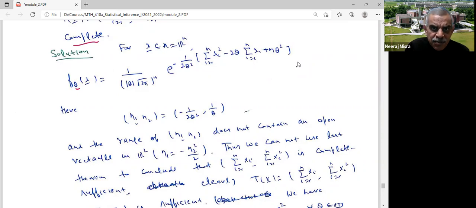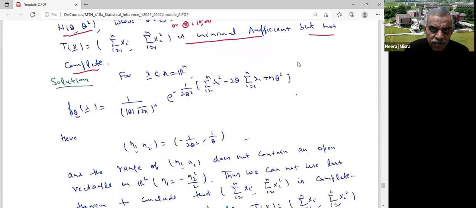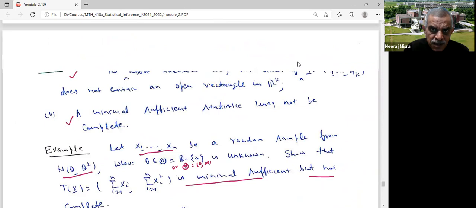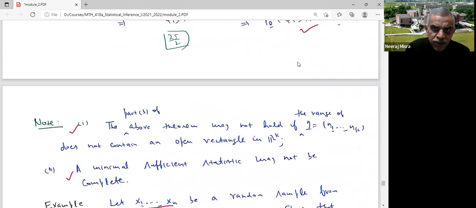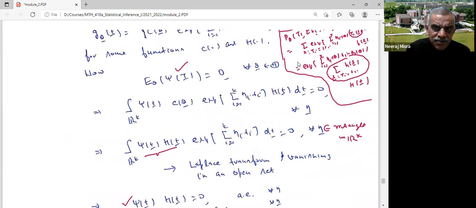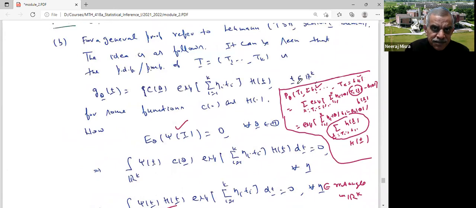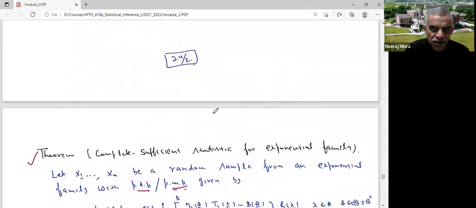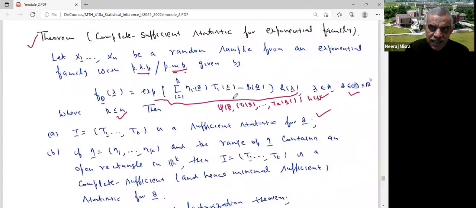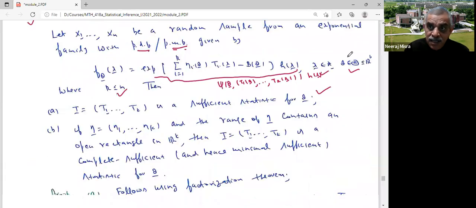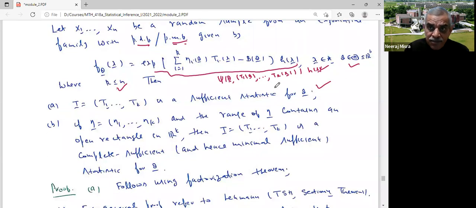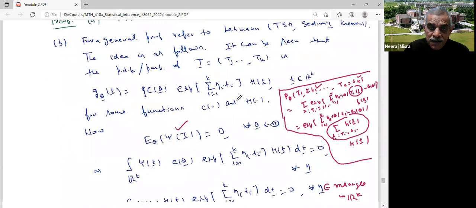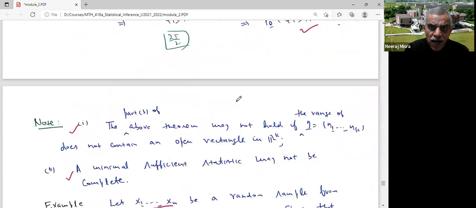Note that it can be written in this form, c(theta) into exponential of summation eta_i t_i, written into this form, exponential of summation eta_i t_i, with theta belonging to R^k. Now here theta belongs to R^2.